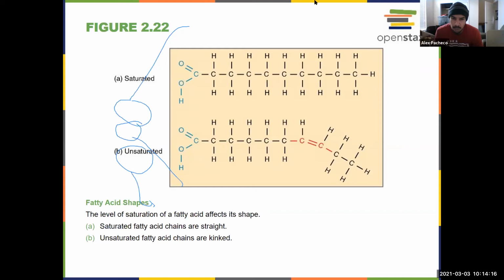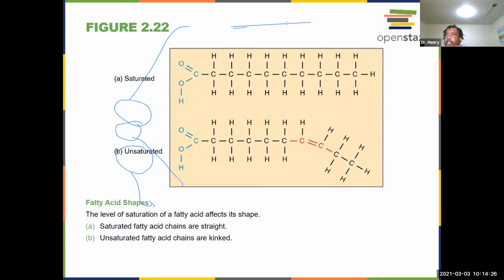So if you have a whole bunch of linear structures, they're just going to lay on top of each other because they interact by what we call van der Waals forces. Since fats like to interact with fats, they're able to do it.